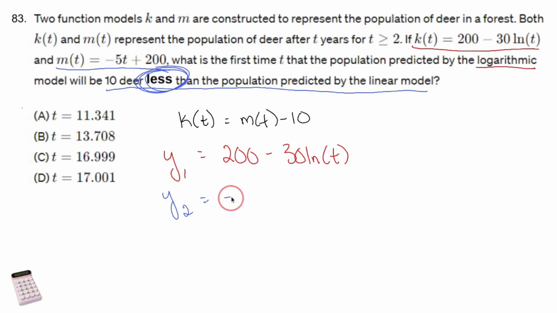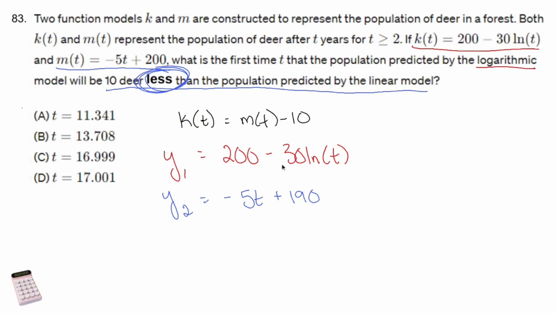So if I have -5t plus 200, I want this to be 10 less than that, so I just subtract 10. So in my graphing calculator, I don't want 200, I want 110, because I'm making an adjustment. So let's run to our calculators.